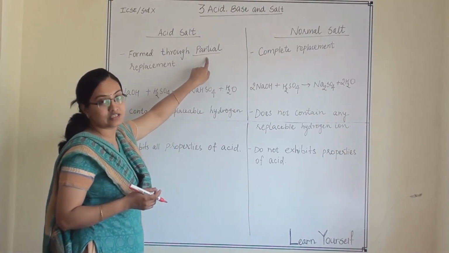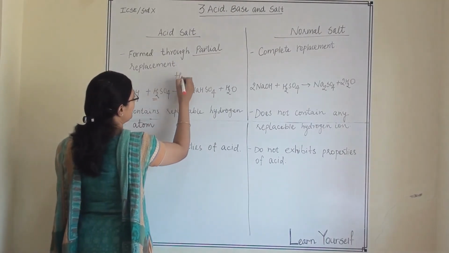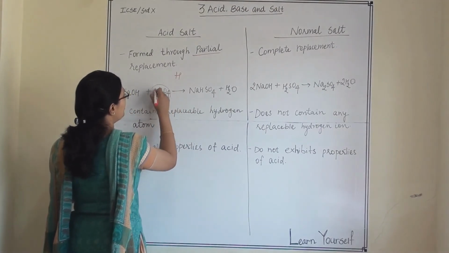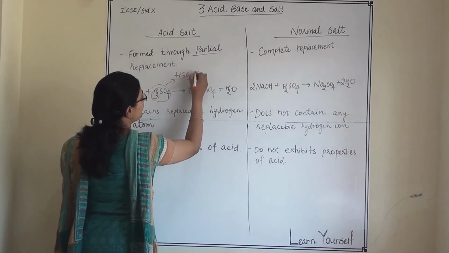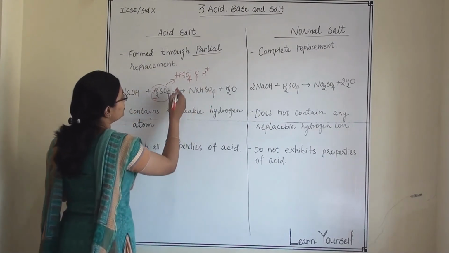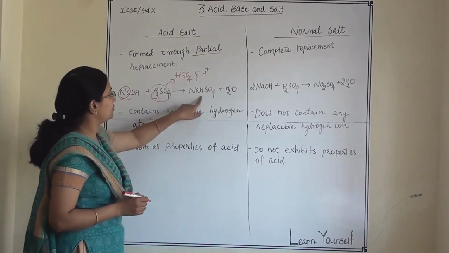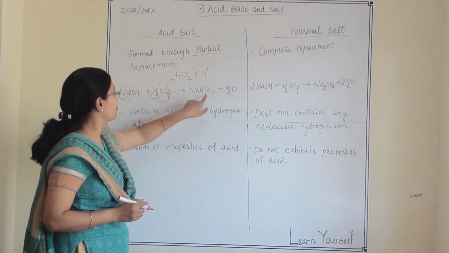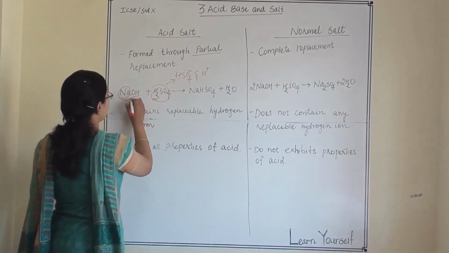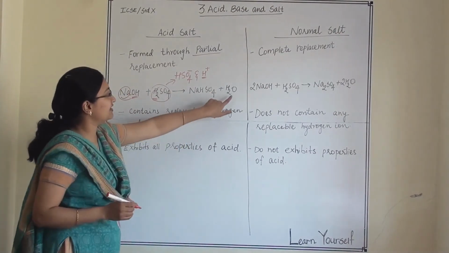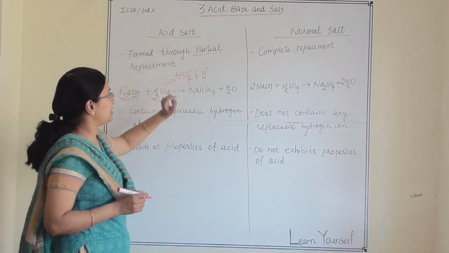This H2SO4 will dissociate into HSO4 minus and H plus. So this HSO4 minus will combine with Na and give us NaHSO4, and this OH and H plus will combine and give us H2O. So this is through partial replacement.